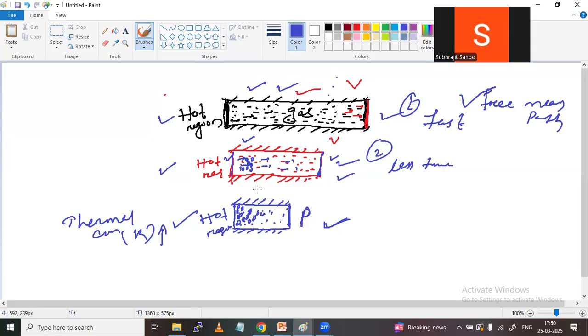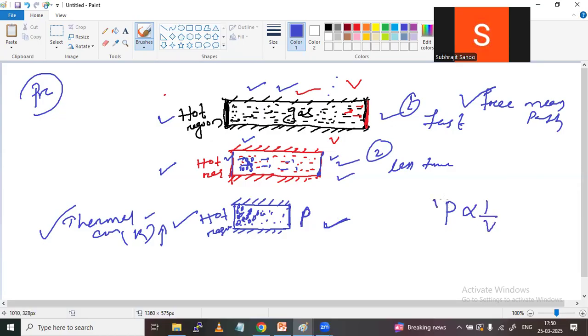Thermal conductivity is a property which measures the heat transfer. In this case the heat transfer is done very fast, so the thermal conductivity of this particular system is more. Also observe pressure. Since volume is less, pressure is more, because pressure is inversely proportional to volume.